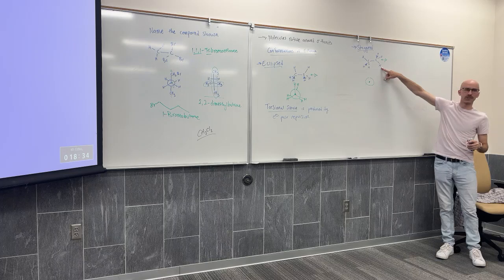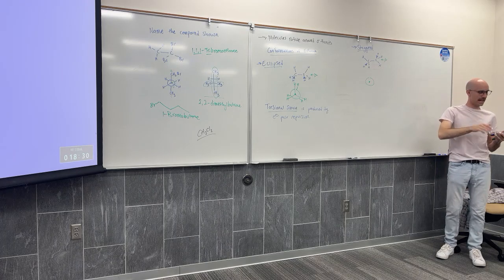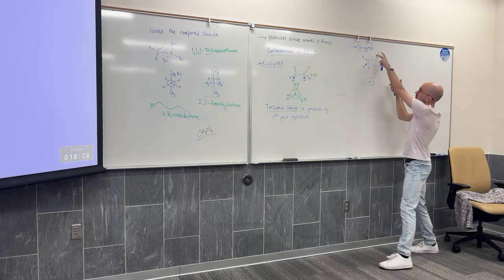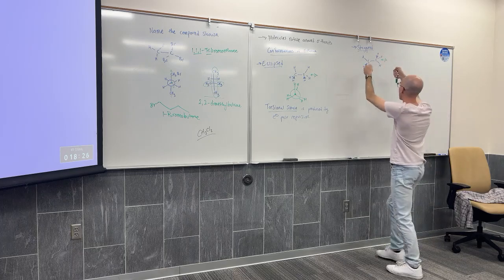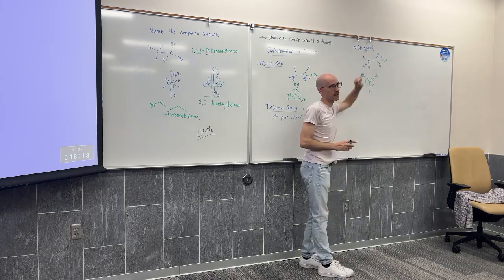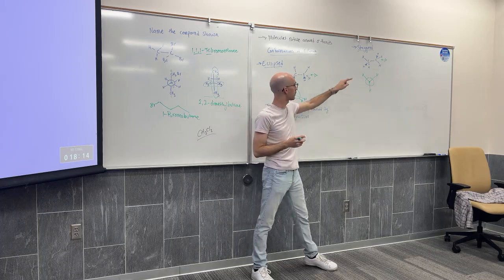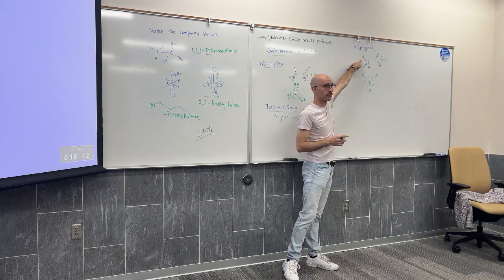Which way is this hydrogen pointing on my Newman projection? Straight down. And I can visualize that by grabbing this, pulling it out. These two hydrogens are up to the right and left, and this hydrogen is straight down. What about my groups on the back? The hydrogen here is straight up.